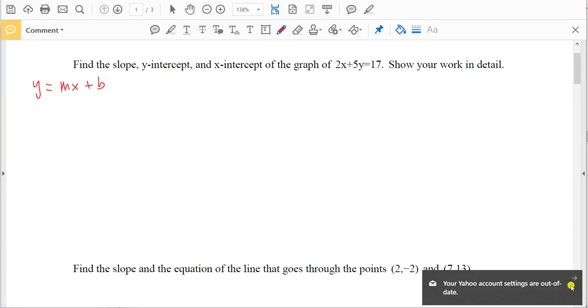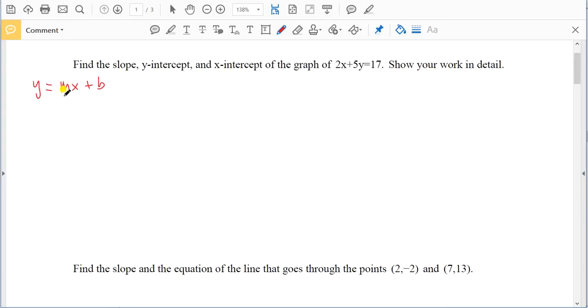So m here is the slope and b is the y-intercept. This one is in the standard form, and this one is in the y-intercept form. Now, you just have to solve for y to get into this form. So go ahead and solve for y.